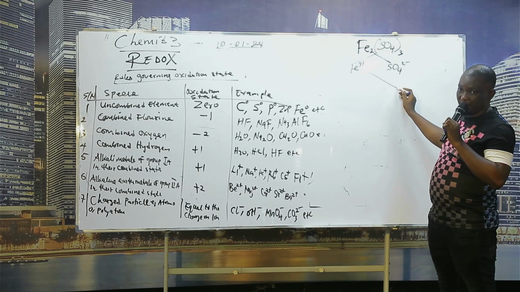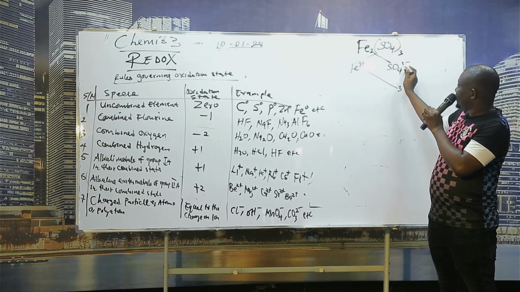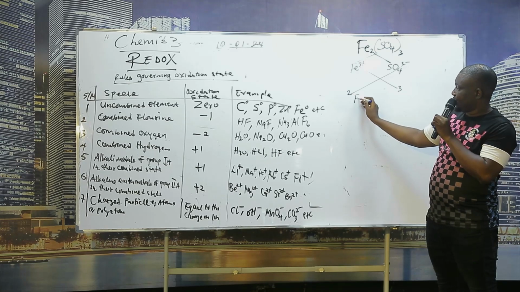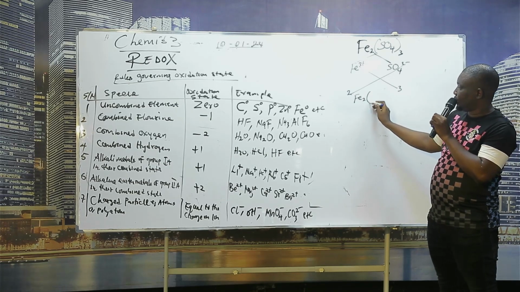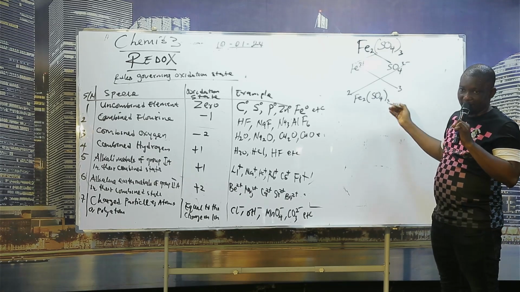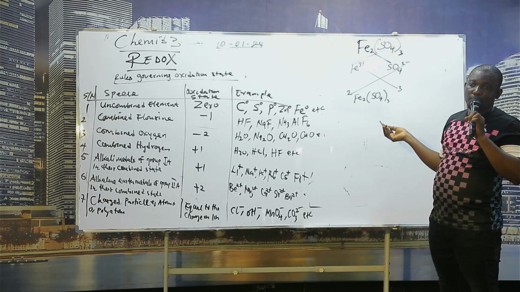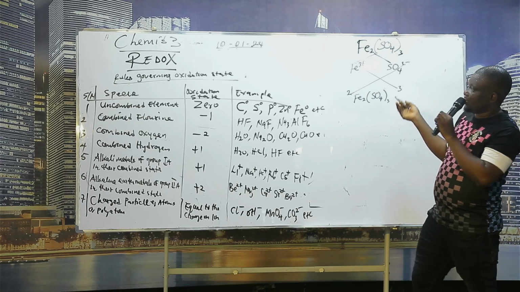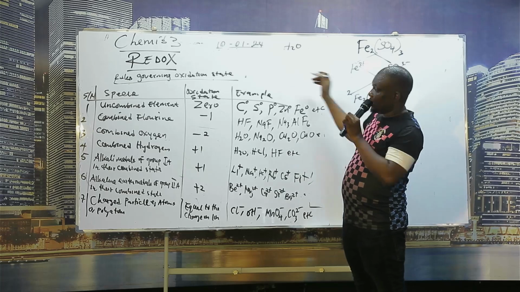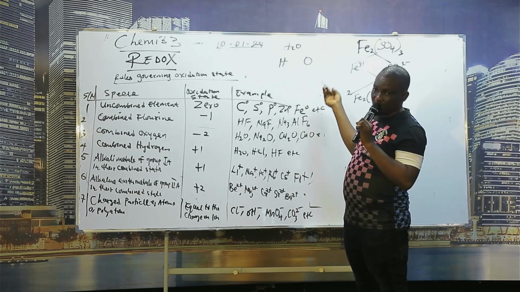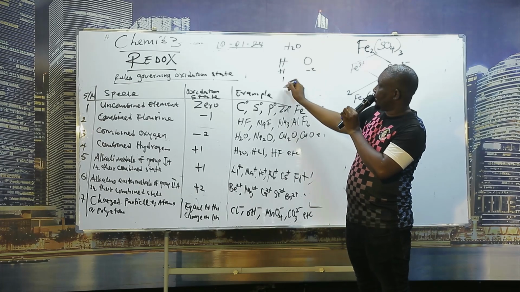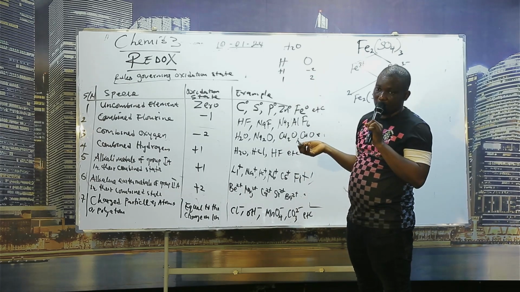These 3 go here, these 2 go here. Then you go back to Fe2(SO4)3. The same rule that states why the water molecule formula is H2O. H and O, plus 1, minus 2.